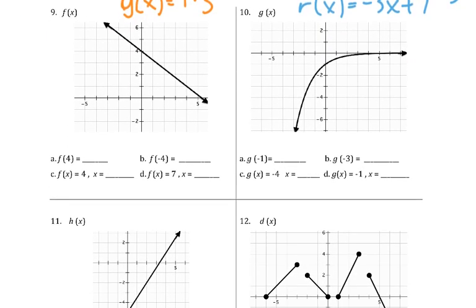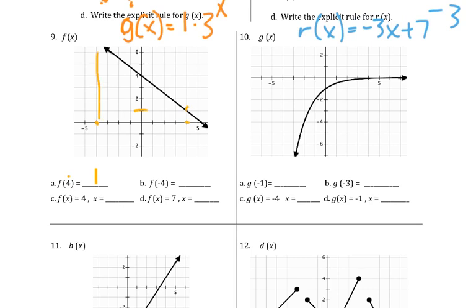Okay, now for the rest, we're just going through the motions of inputs and outputs. So f of 4, go up, my y value is 1. f of negative 4, I go up, and I can't really see where it's supposed to be going, right? But I could find the slope. So it looks like I go to the left 4, and then up 3.